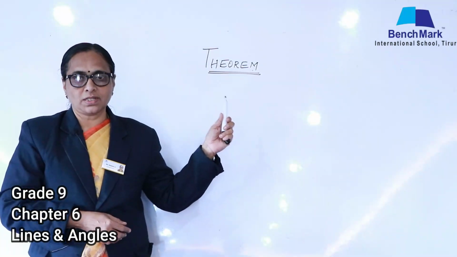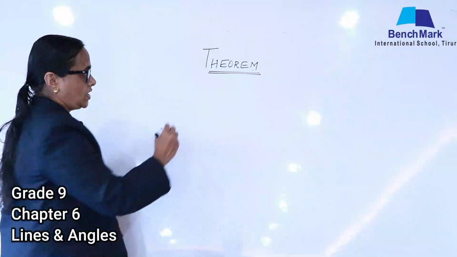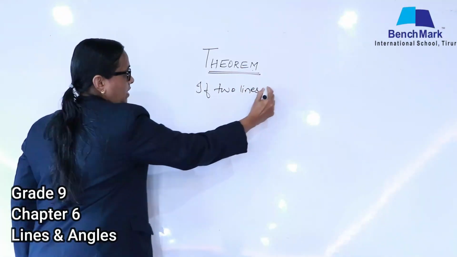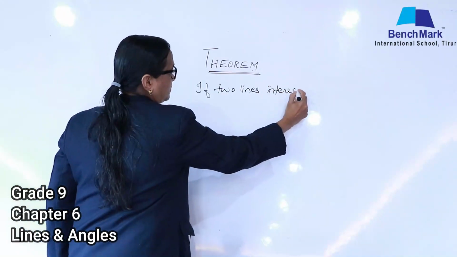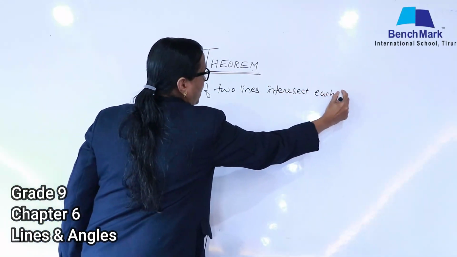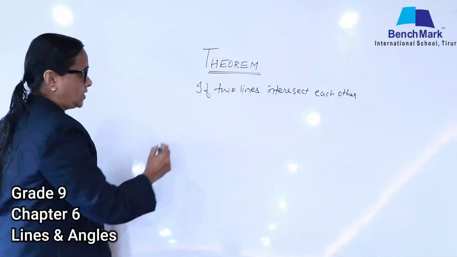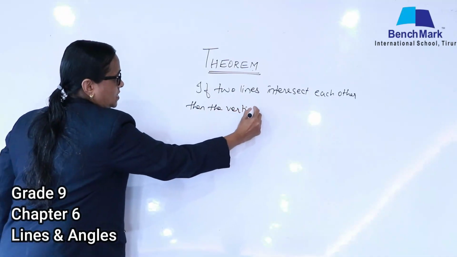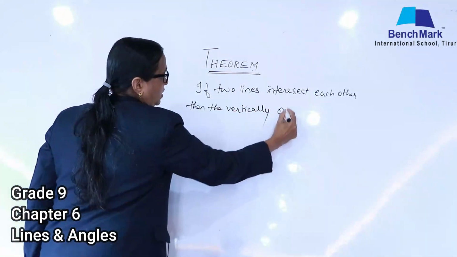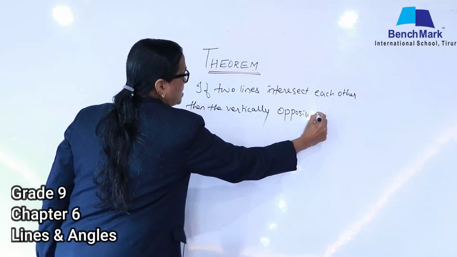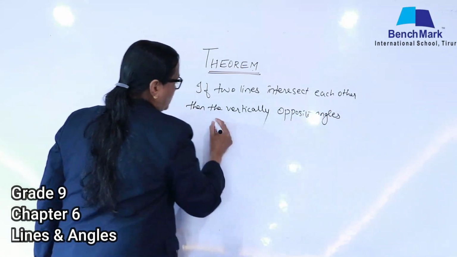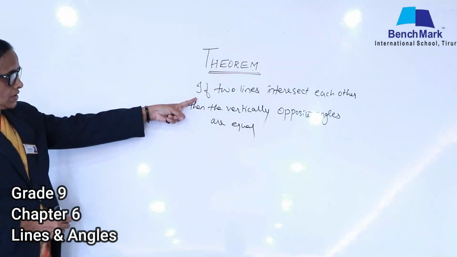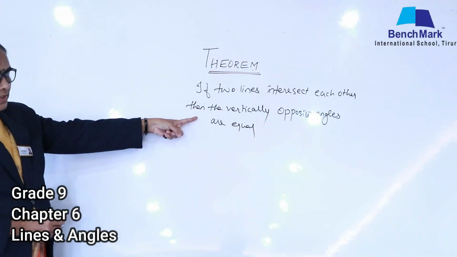So, the first theorem in the chapter lines and angles is, if two lines intersect each other, then the vertically opposite angles are equal. So, what does the theorem say? If two lines intersect each other, then the vertically opposite angles are equal.